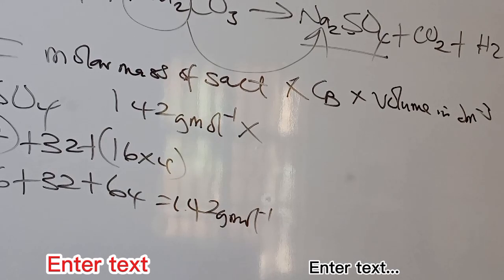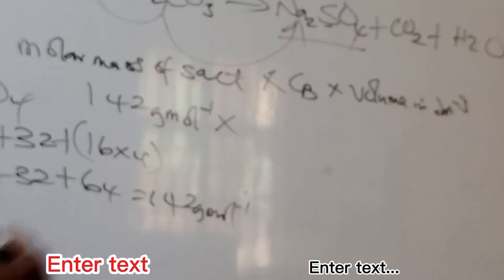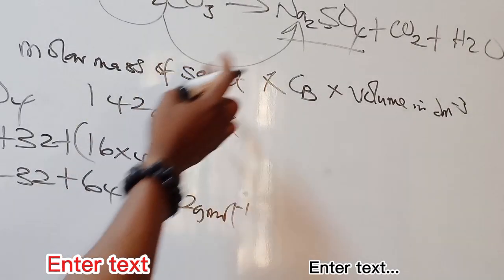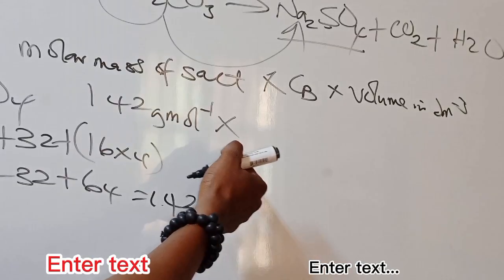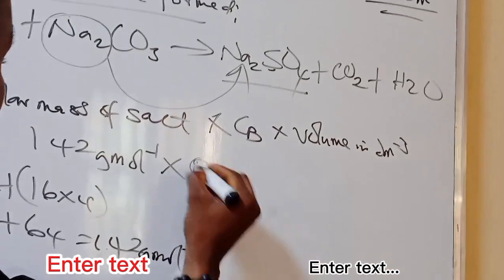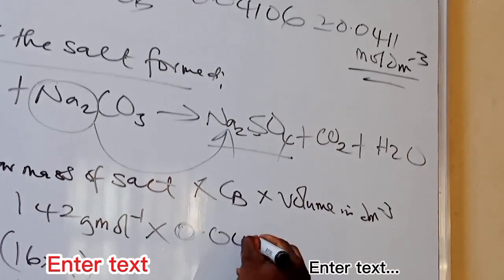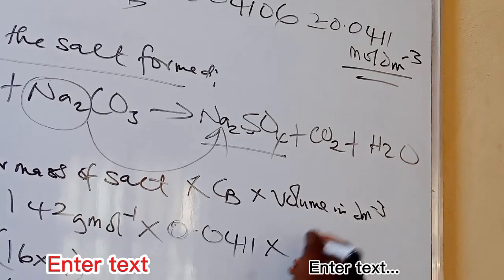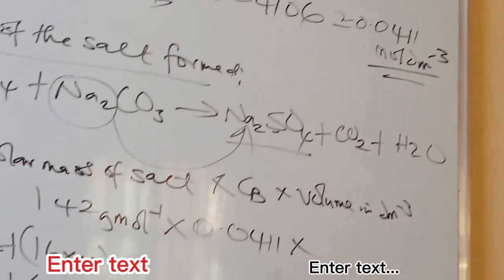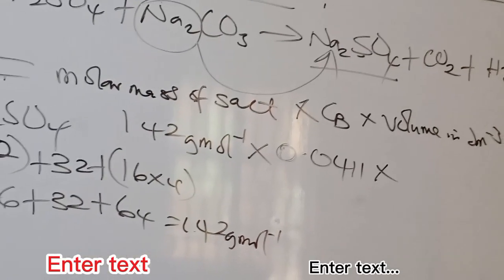Multiplied by the concentration of the base. So 142 grams per mole is the molar mass of the salt that is formed. The concentration of our base, which is 0.0411, then multiplied by the volume in moles per dm3.